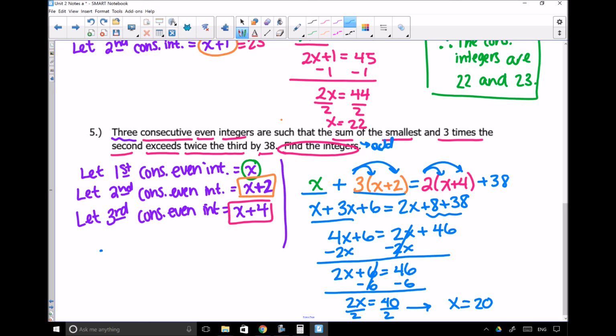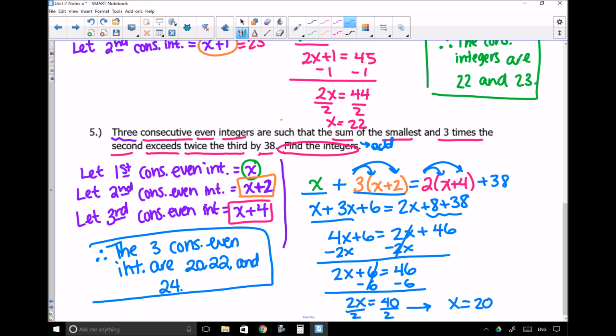So therefore, the 3 consecutive even integers, and did we get an even integer? Absolutely, are 20, and then the next one is add 2 to it, so it's 22, and the next one is add 4 to it, 24. So are 20, 22, and 24. And that's my final answer right here.